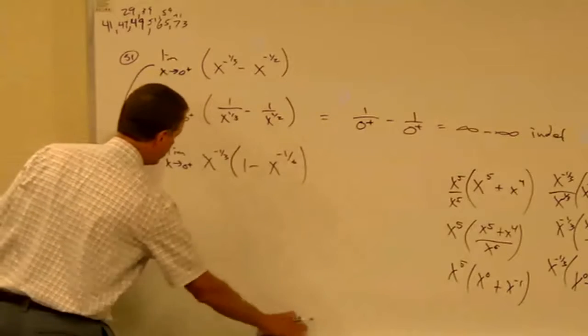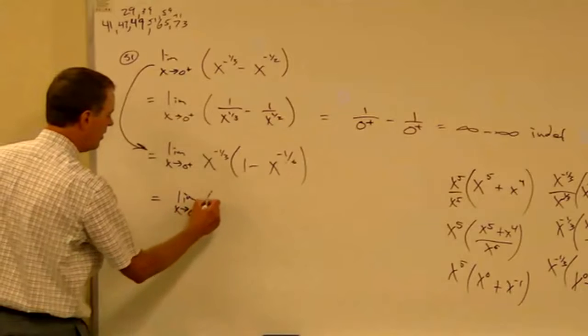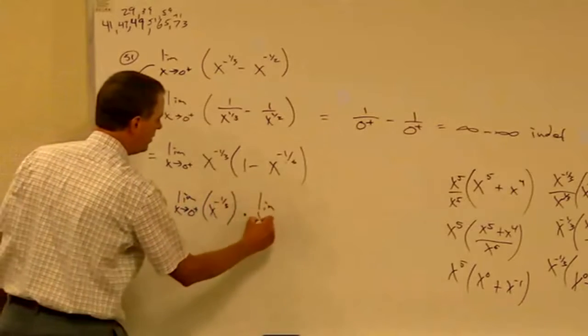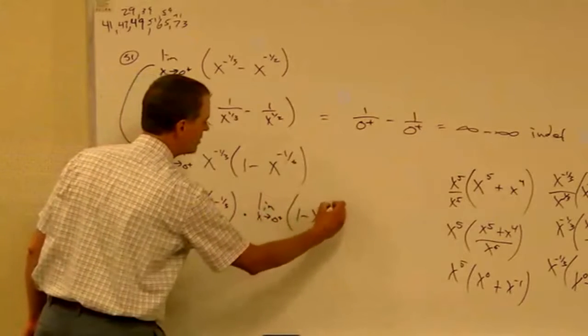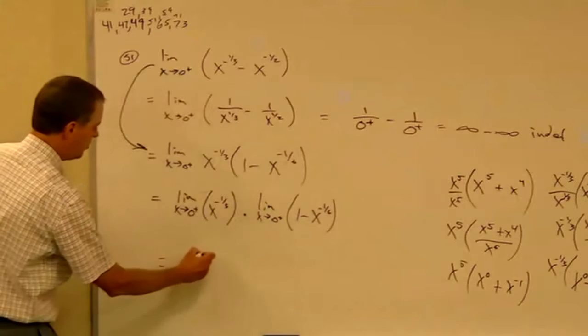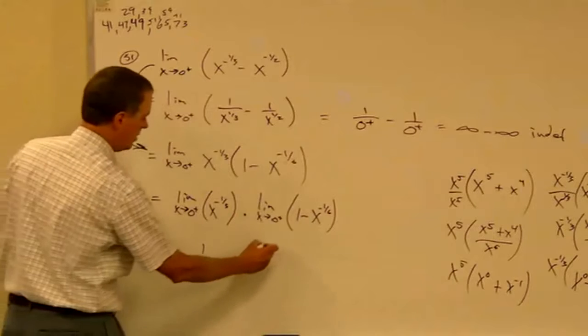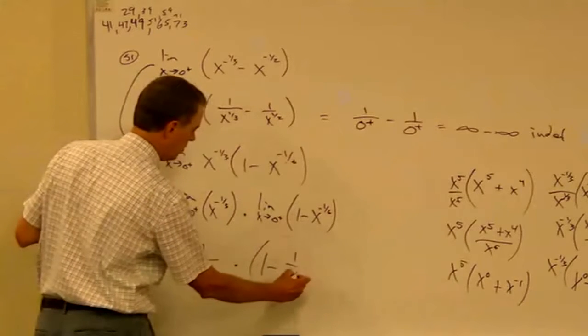I've got a product rule, so I'm going to do the limit as x approaches 0 from the right of x to the negative 1/3 times the limit as x approaches 0 from the right of 1 minus x to the negative 1/6. This is 1 over 0 plus times 1 minus 1 over 0 plus.